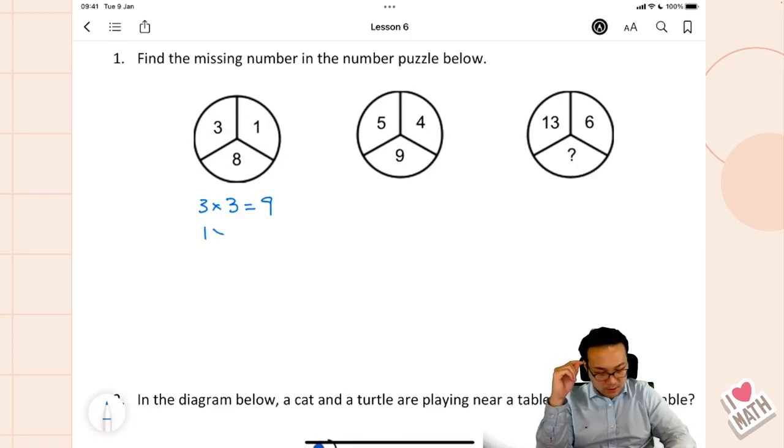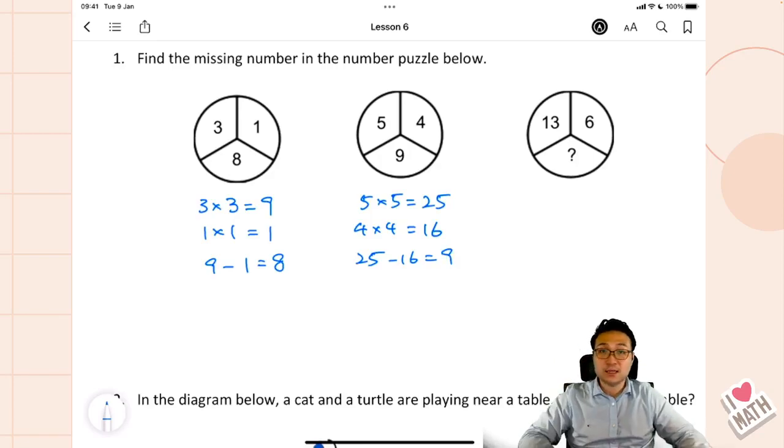Then you take 1 times 1. What must you do now? 9 minus 1, you get 8. Okay? So let's do the same for the other one. 5 times 5, 4 times 4. Then 25 minus 16 is 9. So it works. So this is the pattern.